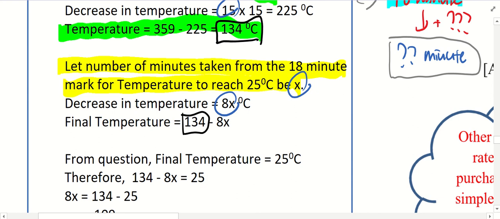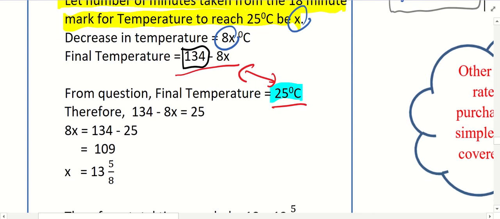Well, according to the question, it is nothing but room temperature, 25 degrees Celsius. So immediately we know that this equals this. They're equal. So from the question, final temperature is 25 degrees Celsius. Therefore, 134 minus 8x equals 25.